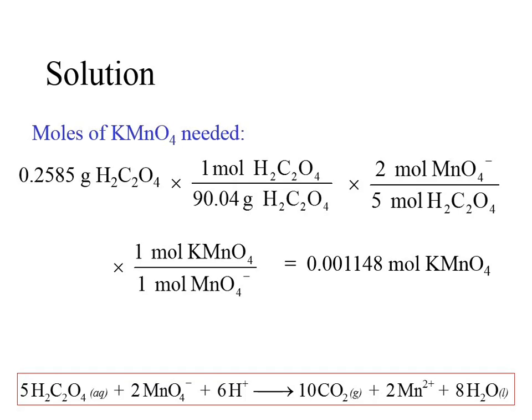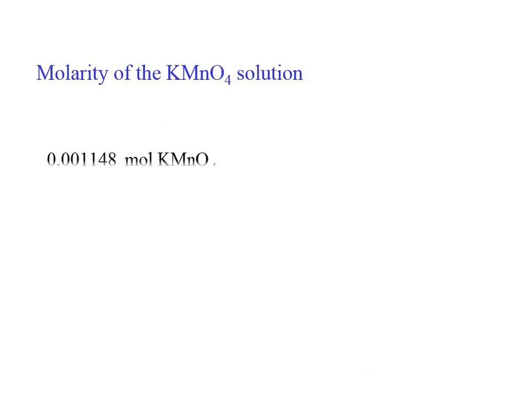I can go ahead and divide by that volume. 0.001148 moles KMnO4. Almost done. So I take those moles and divide it by the volume of solution. It looks like this: 0.001148 moles KMnO4 divided by 22.35 milliliters.